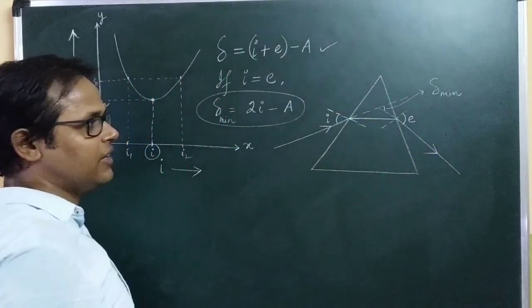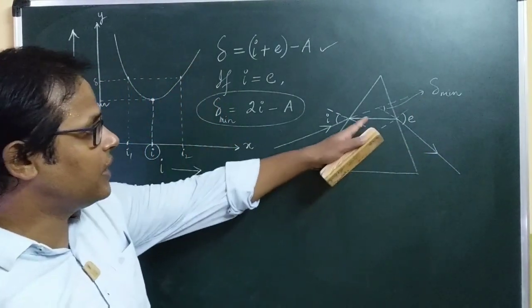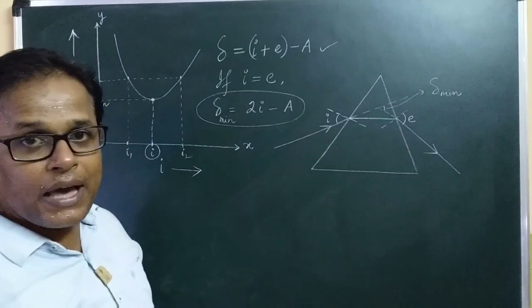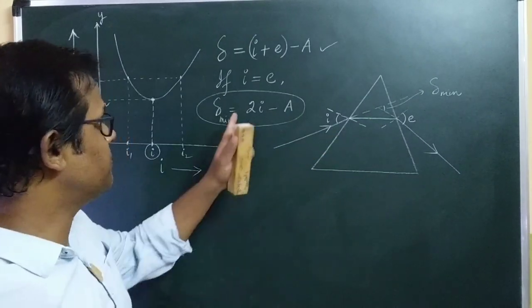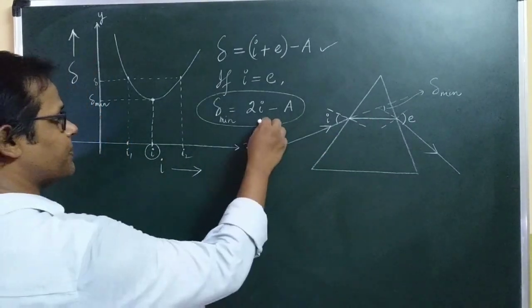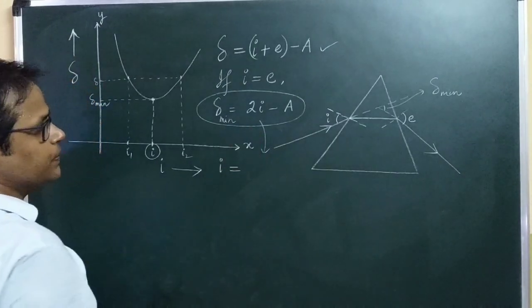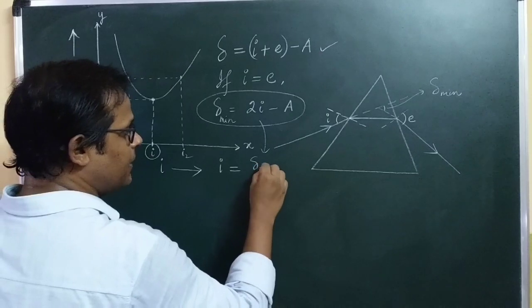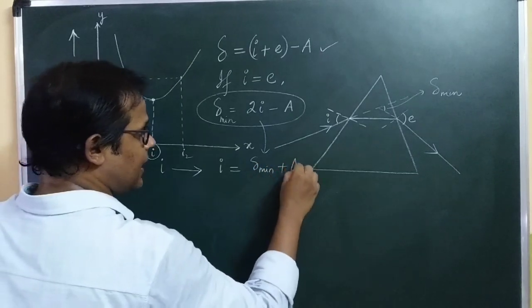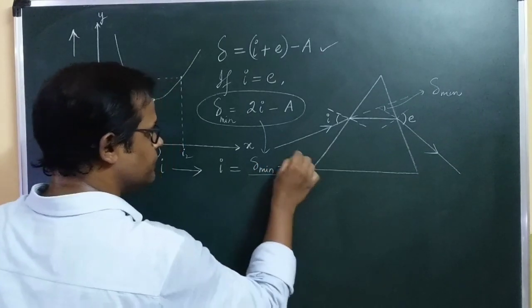This is a very, very unique condition where the refracted ray will be observed to be parallel to the base of the prism. So from this expression I can also find out I is equal to (delta minimum plus A) by 2.